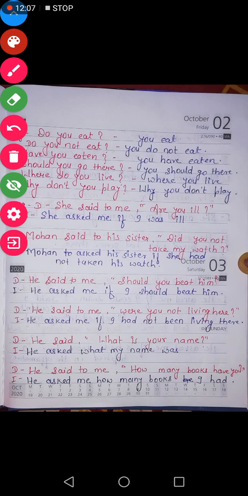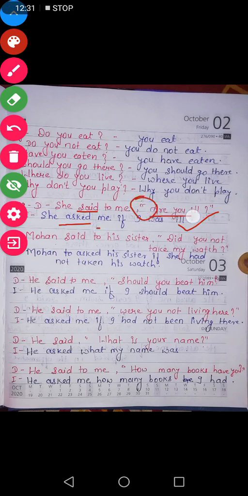Okay, let us understand it by some more examples. Taking this example, students, she said to me, are you ill? What was the very first rule for interrogative sentences? Said to will be changed into asked. So she asked me. Removing the inverted comma, what do we have to use?